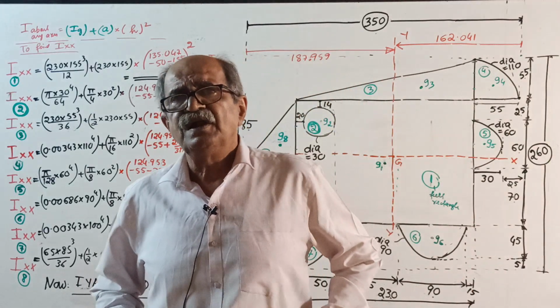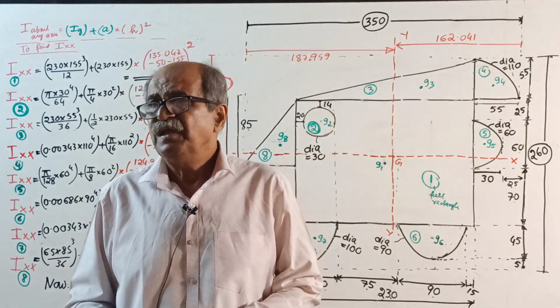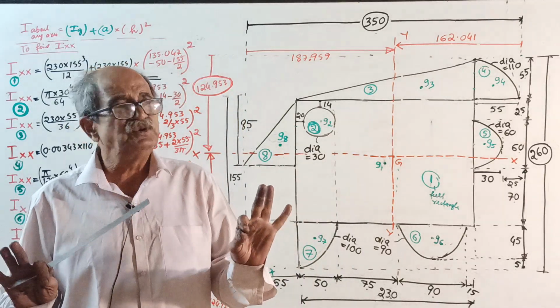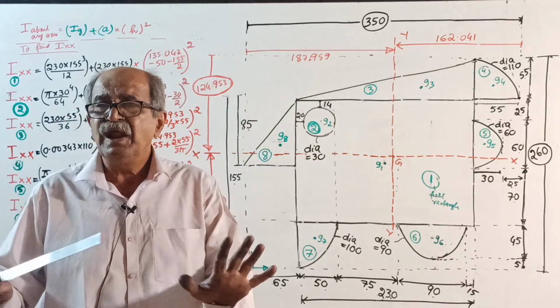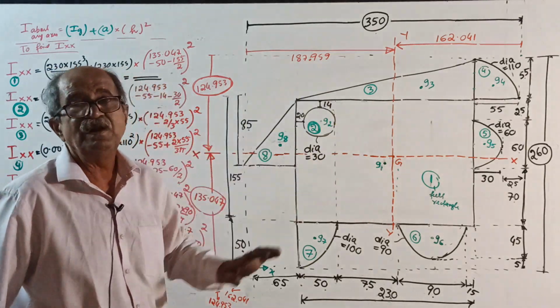Now we will start moment of inertia. Remember, I told you, not only in my class, I am so sure, in the entire world, show me a question bigger than this one.